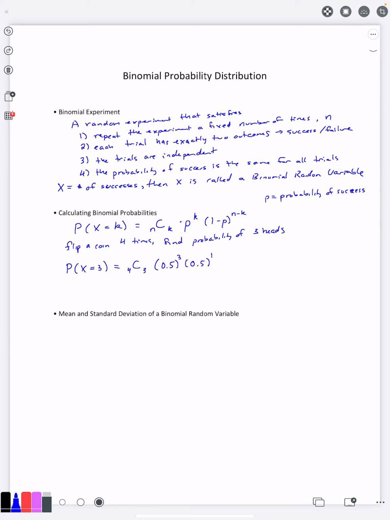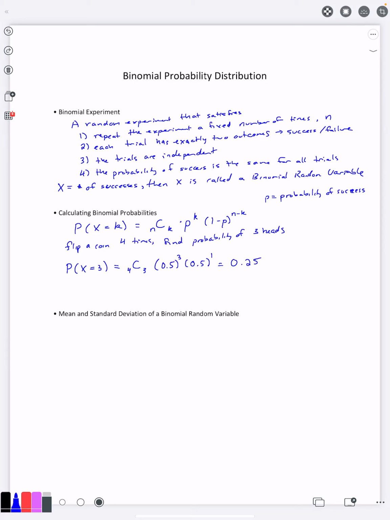And if I put this in my calculator here, I get a 25% chance that I will get exactly 3 heads when I flip the coin 4 times. So again, we aren't usually going to use all the detailed formula here, we're going to put it in our calculator, but this is how you can calculate these probabilities anytime you have a binomial random variable.